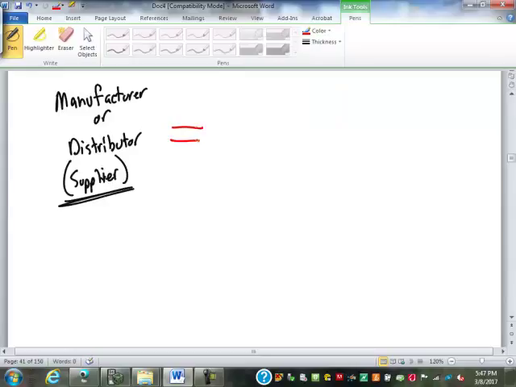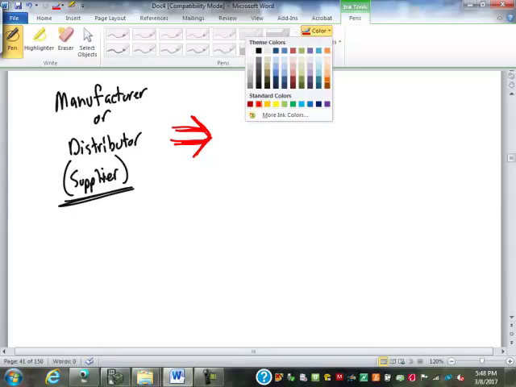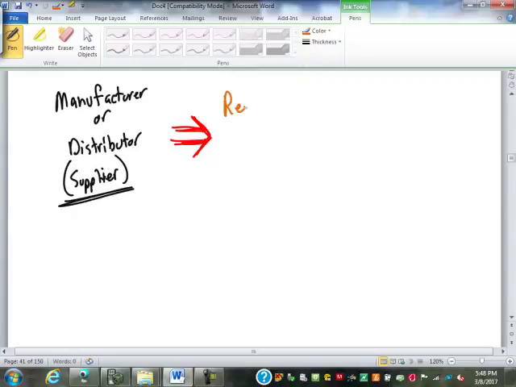This entity either creates the goods or acquires the goods and passes them along to the next level, which is a retailer.